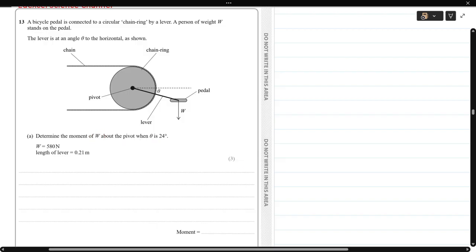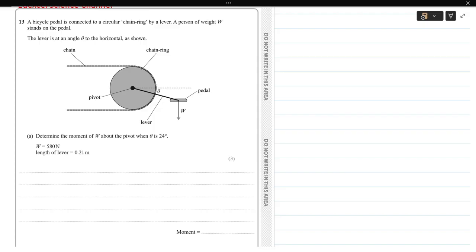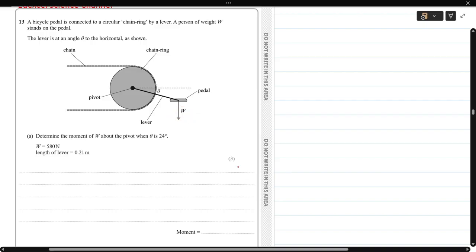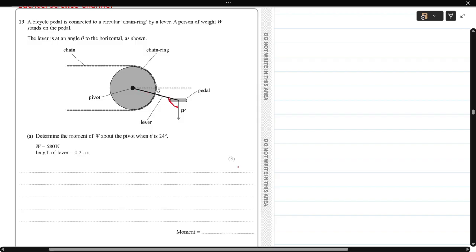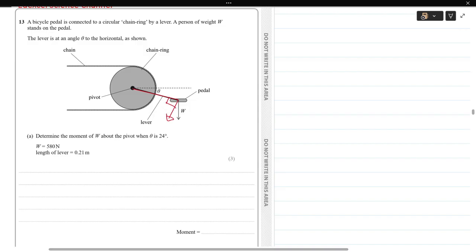Okay, very good. Now, always remember that whenever the force is at an angle to the object that is rotating, you have to find out the component of the force, and you have to take the component that is perpendicular to the rod or to the plank or anything that is rotating.